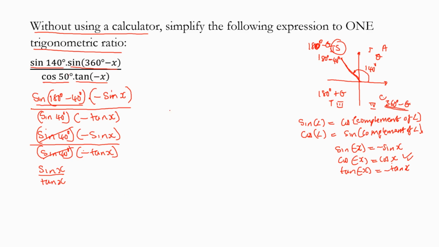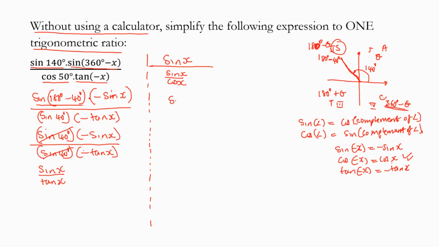Okay, and then what are we left with here? We just need to use the identity of tan x. So this is sine x divided by tan x, which is sine x over sine x over cos x. And then there are two ways we can do this.